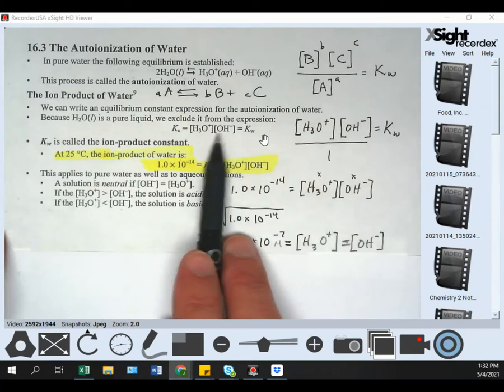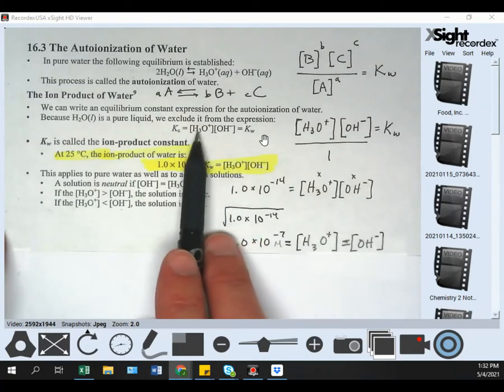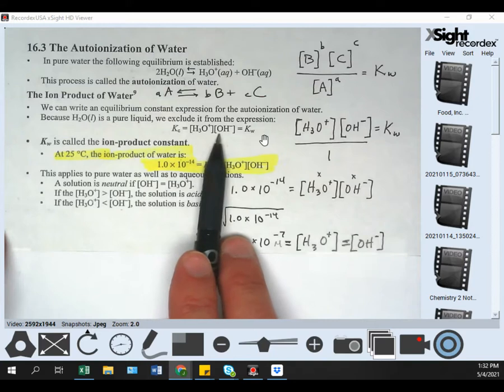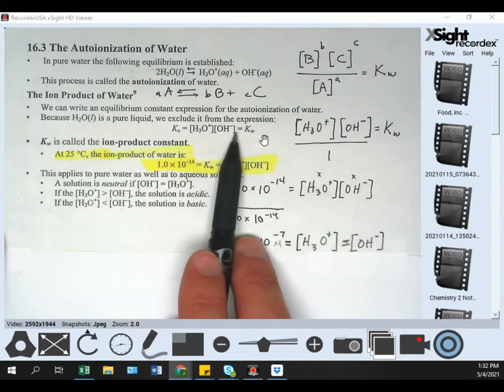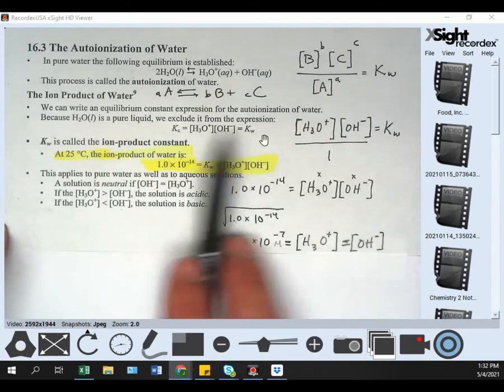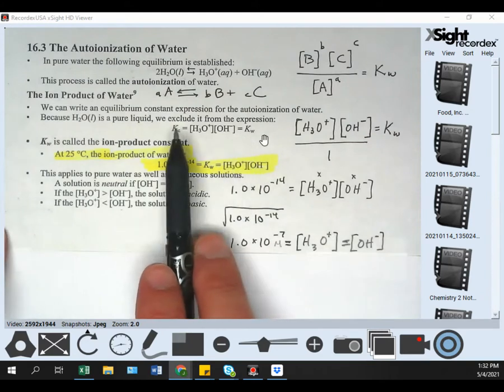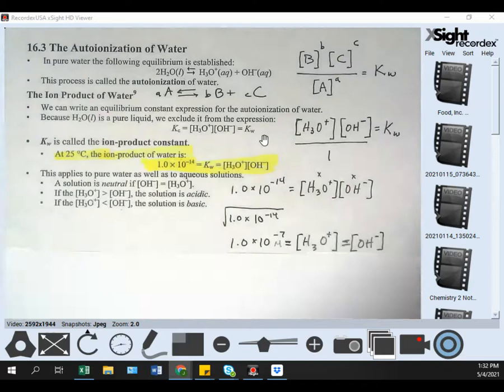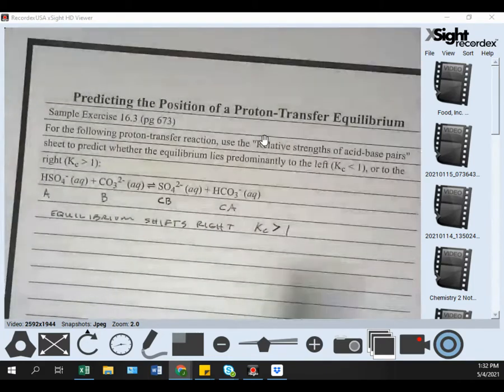Brackets refer to concentration. So the concentration of hydronium times the concentration of hydroxide is your Kw constant, which is also the Kc, which is what we were just looking at.